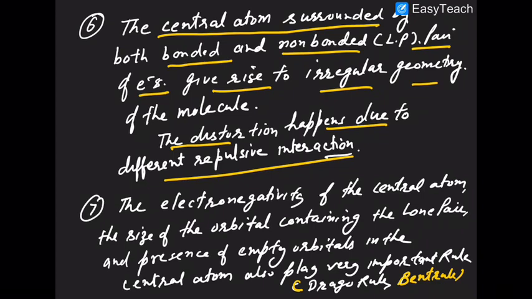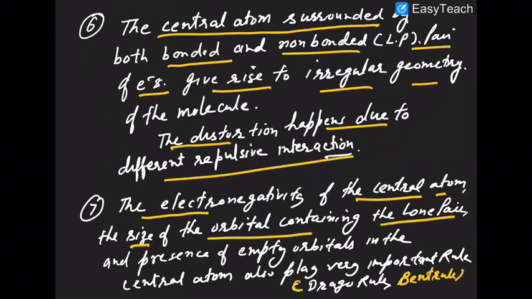Now, the electronegativity of the central atom, the size of the orbital containing the lone pair, and the presence of empty orbitals in the central atom also play a very important role. Later on, not now but after hybridization, we will discuss the Drago rule and the Bent rule.